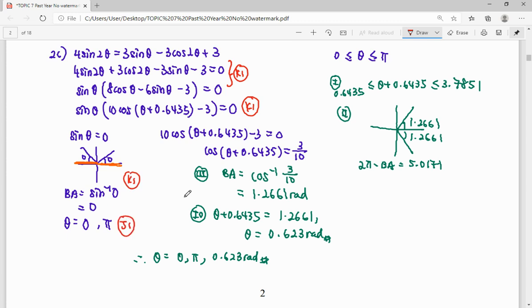For the other part, we simplify it to the trigo angle value, find its basic angle, and get the correct rotation and the answer. This is how we solve our trigonometry equation to give you 7 marks.